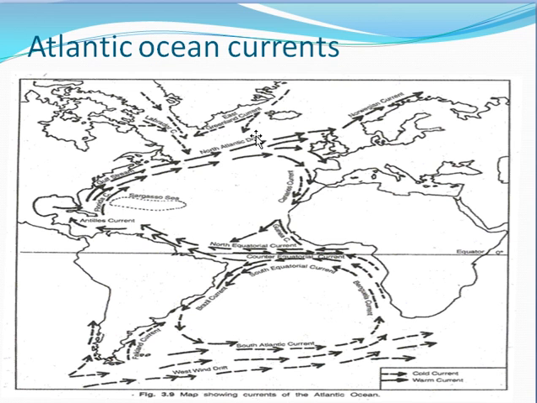It reaches the south coast of Ireland. And one more branch reaches the east coast of Greenland and is joined by the Greenland Current. Greenland Current is a cold current. So here two northward branches are there and eastward branches are there from North Atlantic Drift.